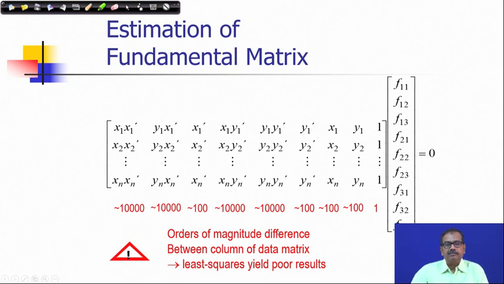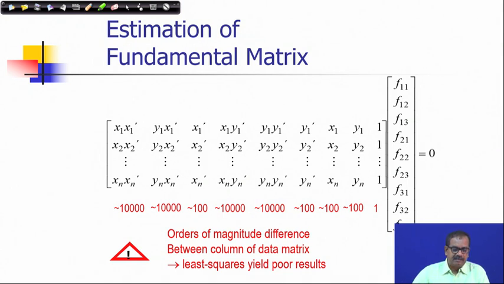One of the problems with this representation is that the coordinates of these points have a very large range, and as you are taking products, the product of two large numbers will also be very large. So, the dynamic range of the coefficients of this equation of the unknown parameters widely varies.